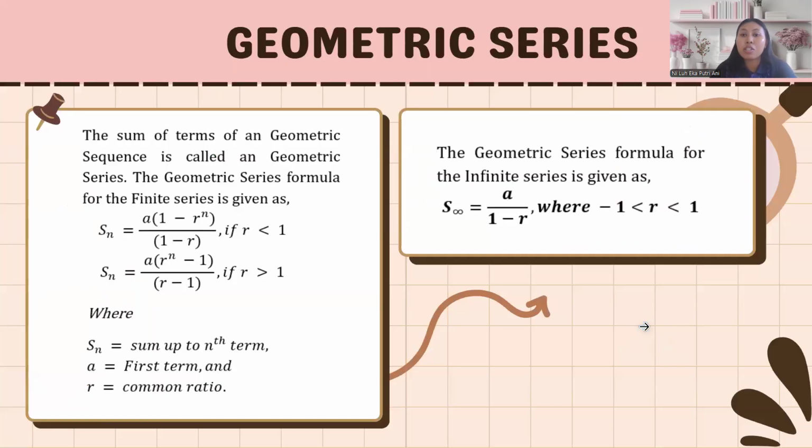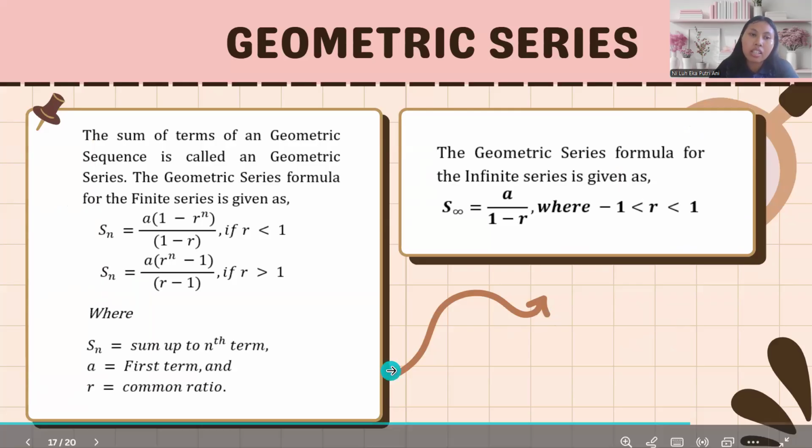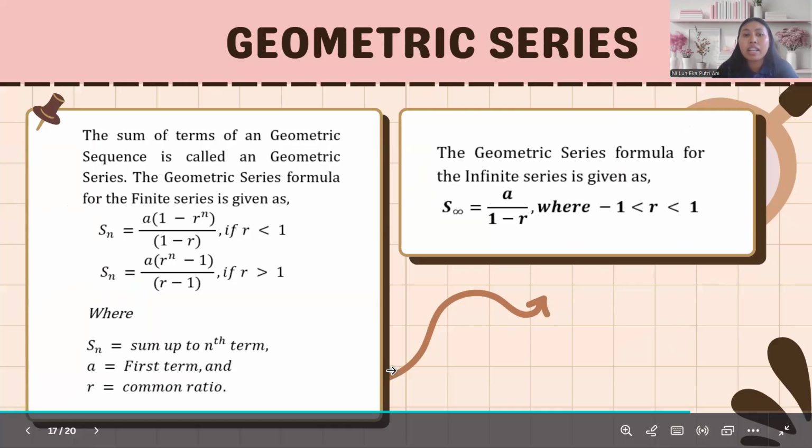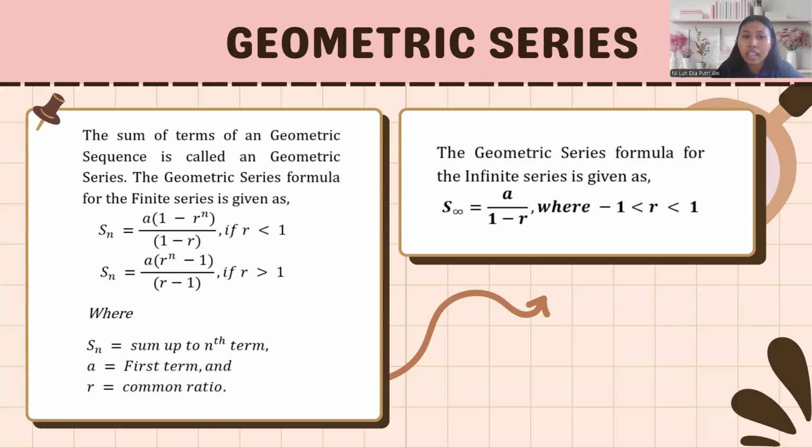The next topic is geometric series. The sum of terms of a geometric sequence is called a geometric series. The geometric series formula for the finite series is given as S sub n equals a times 1 minus r to the power n over 1 minus r if r is less than 1.